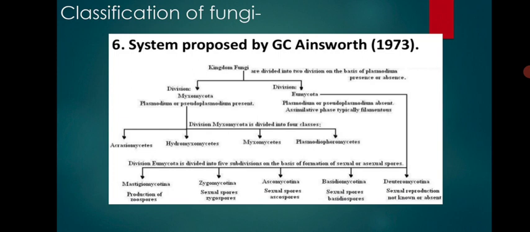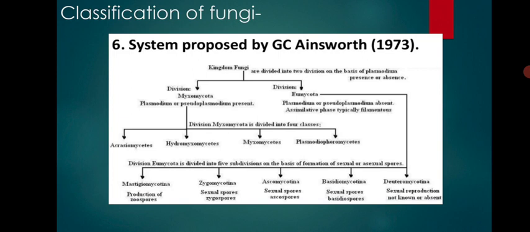Ascomycotina, zoospores and zygospores absent. Perfect state spores are ascospores. Basidiomycotina, zoospores and zygospores absent. Perfect state spores are basidiospores. Deuteromycotina, zoospores and the perfect state spores like zygospores, ascospores and basidiospores are absent.